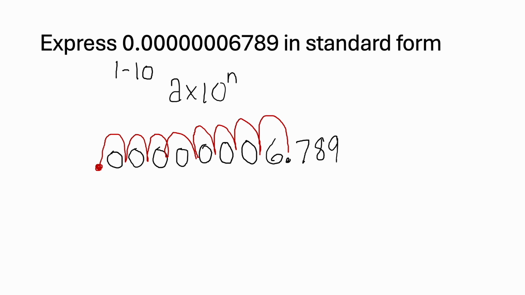So we are going to have to move our decimal place 8 times to the left, meaning that our number, in standard form, is going to be 6.789 times 10 to the power of minus 8.